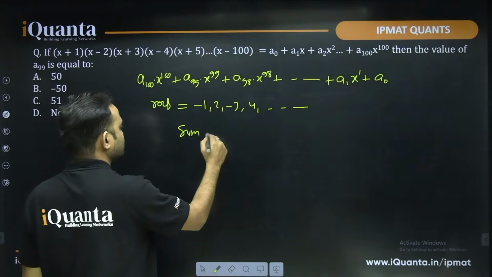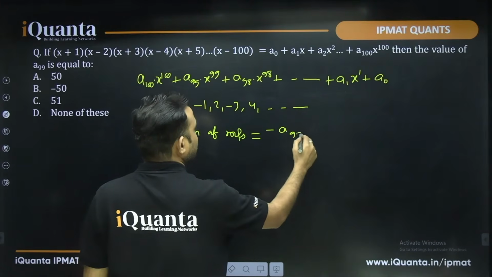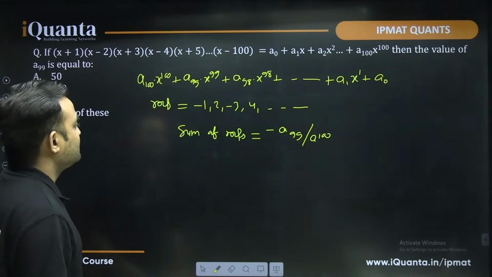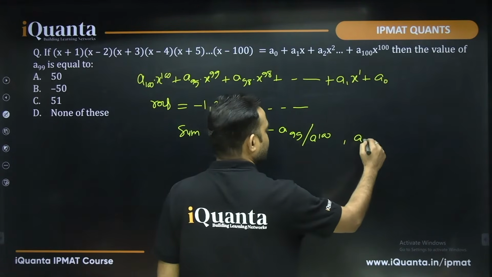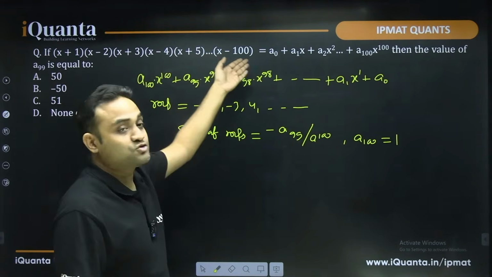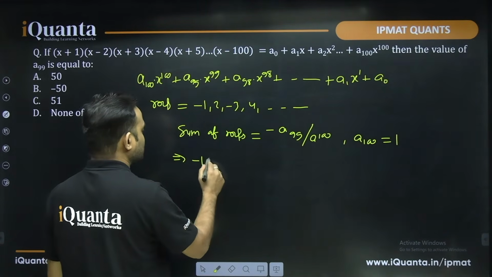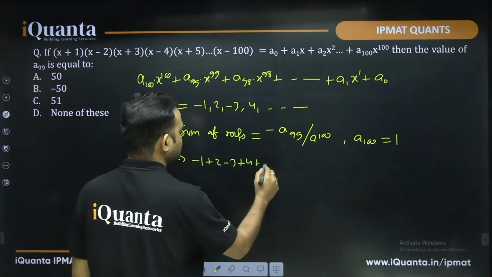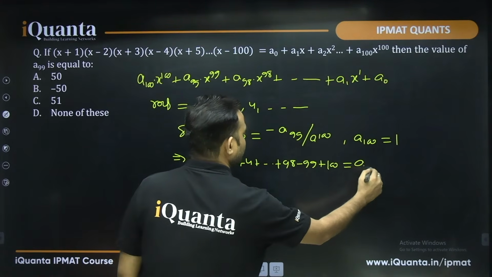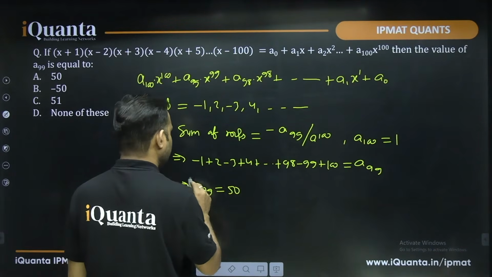Sum of roots is equal to minus A99 upon A100, right? A100 will be equal to 1, because if you multiply, the coefficient of x to the power 100 will be 1. So what we can say, this will be -1 plus 2 minus 3 plus 4 till 98 minus 99 plus 100, which is 50.